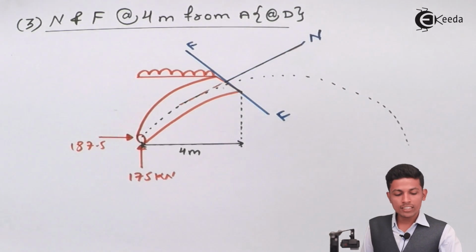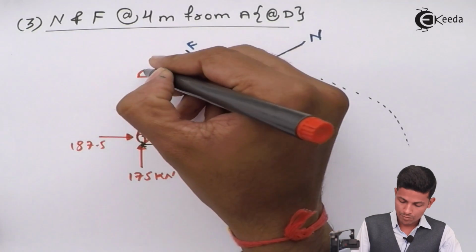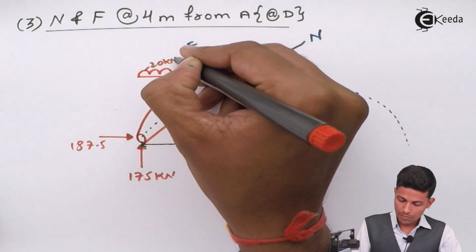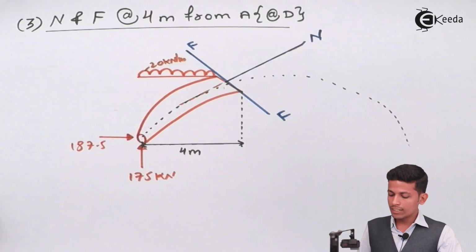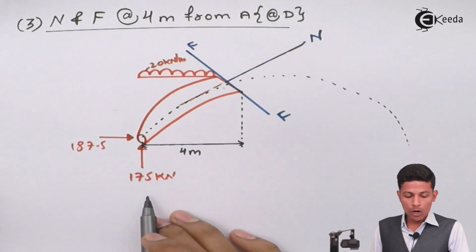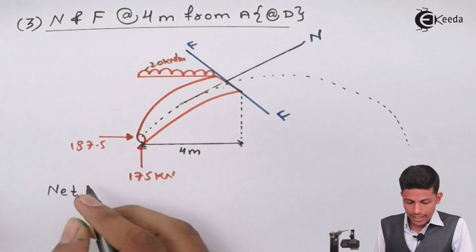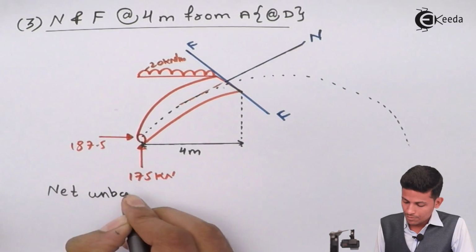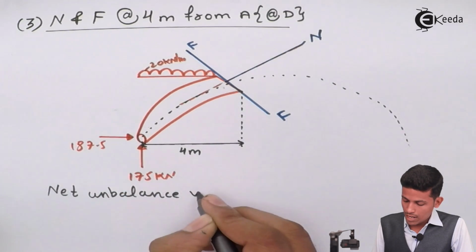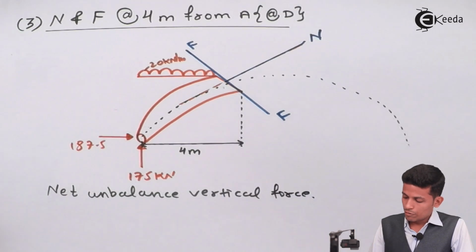Now balance the equation over here. So how will you balance this? Now to balance this, see this 175 is going from down to up. So right over here, net unbalanced vertical force.